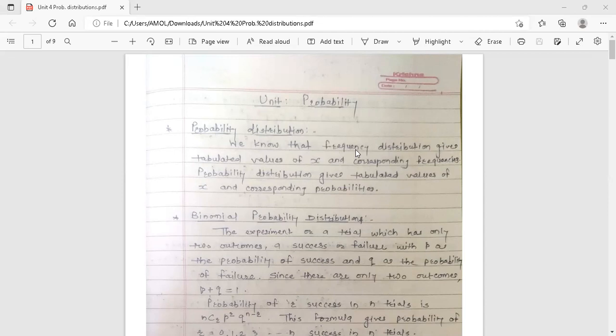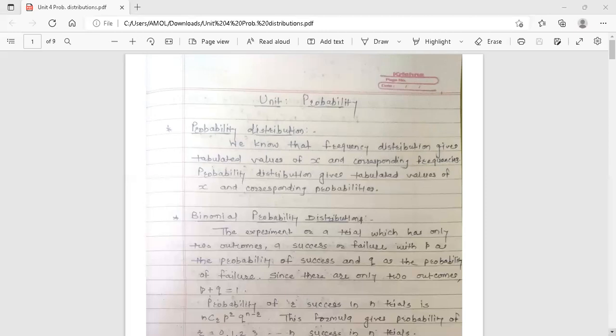In frequency distribution, with the observations, means with the values of x, the corresponding frequencies are given. And in probability distribution, with the observations, the corresponding probabilities are given.